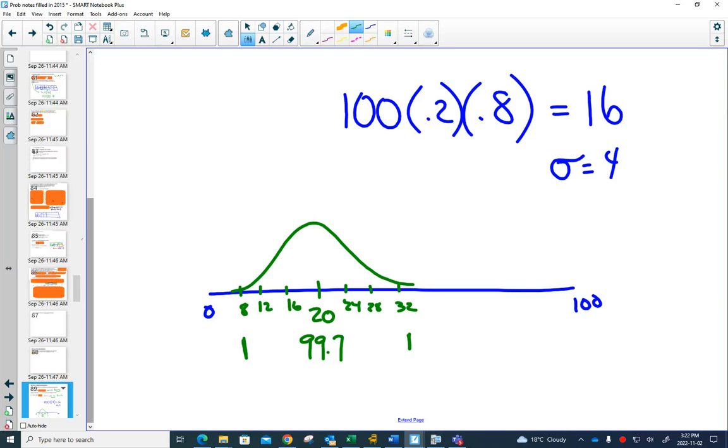So if you had 100 people do this multiple choice question quiz, you could say, very, very unlikely anyone would get above 32 or below 8. Because 99.7% of 100 is like almost everybody is going to get from 3 below to 3 above. 2 below to 2 above.